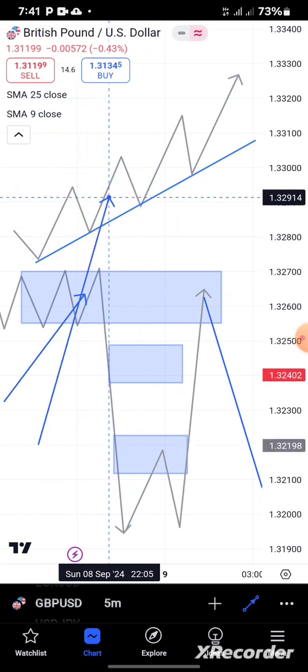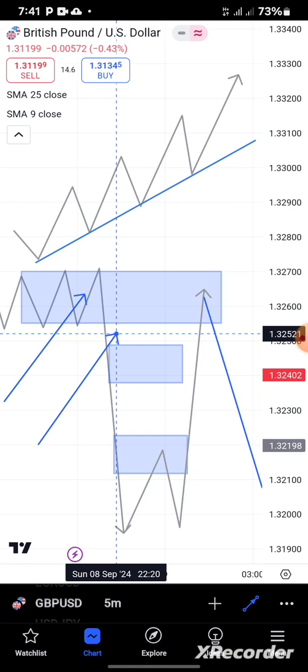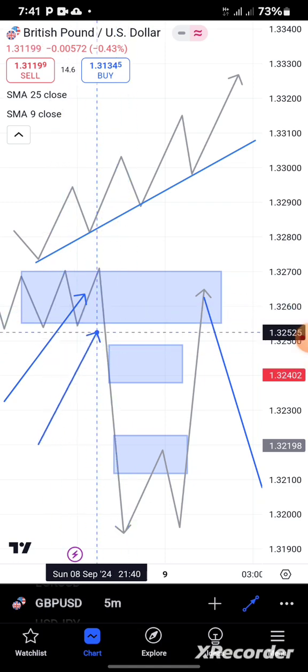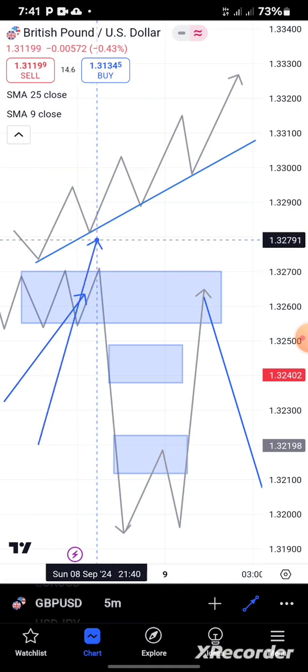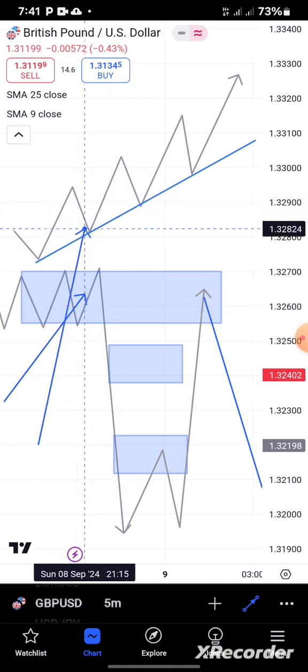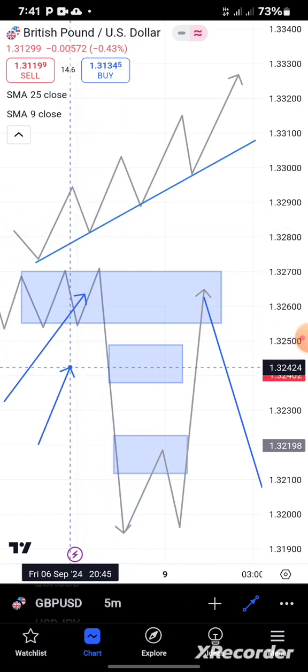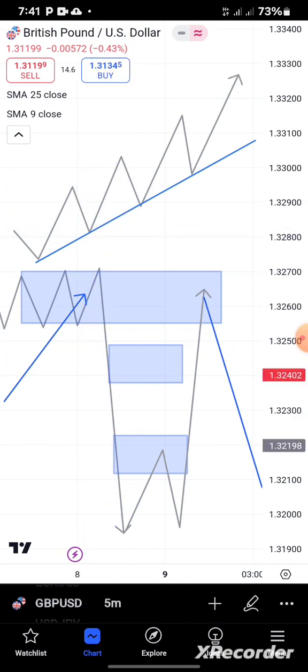Is this one the same as this one here? No, this is a supply and this is a resistance. Most people don't differentiate between those two terms. Supply and resistance are totally different things. Now if price gets to this point, it is more likely to go down.